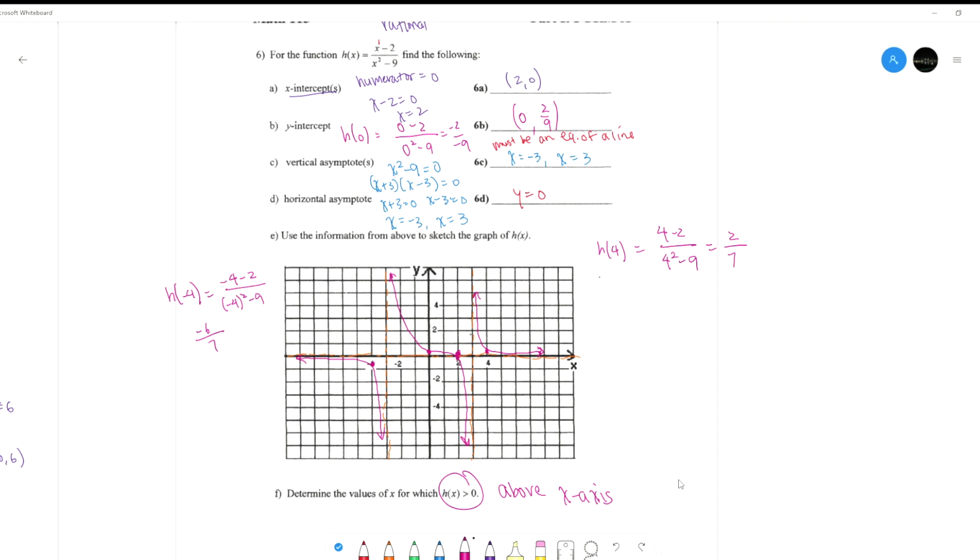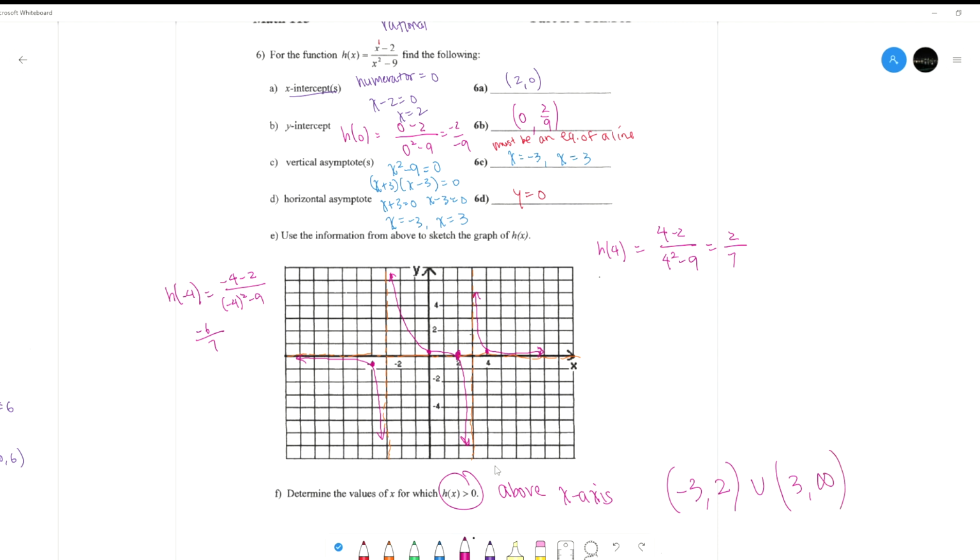So I'm going to do -3 to 2, and there's no equal sign here. It's just greater than, so I have to use parentheses. And union, because there's a vertical asymptote, it starts from 3 all the way up to positive infinity.